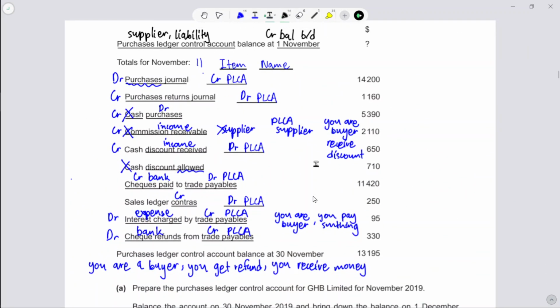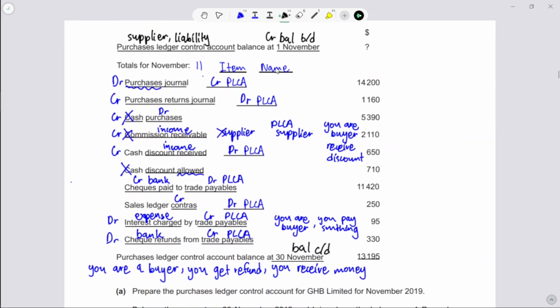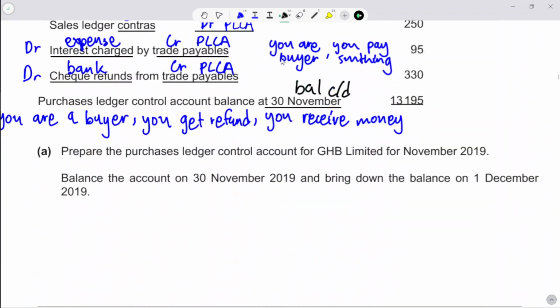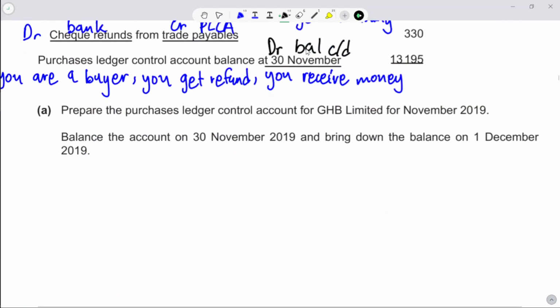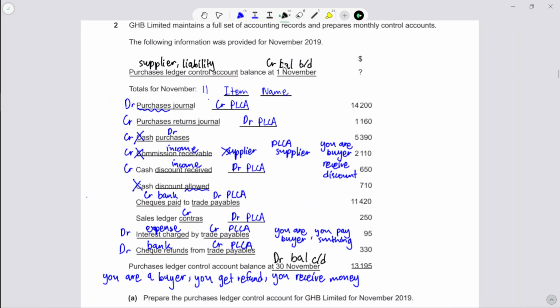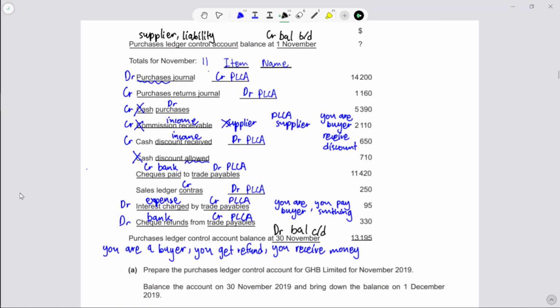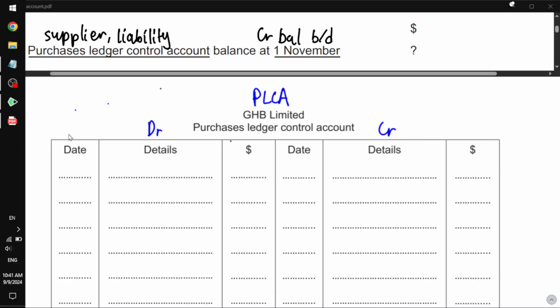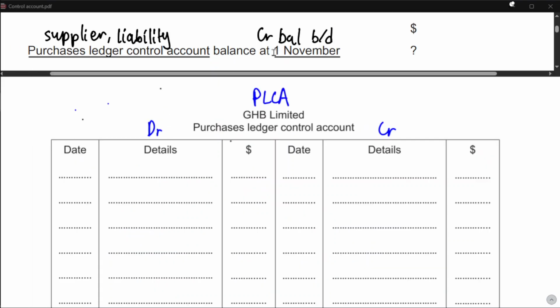Well, this amount here at the ending date, right? So this one is actually balance CD. Okay, if there is credit balance BD, so this one will be debit balance BD, balance CD. So now you can kind of enter the answer. So this one is a credit balance BD, question mark.